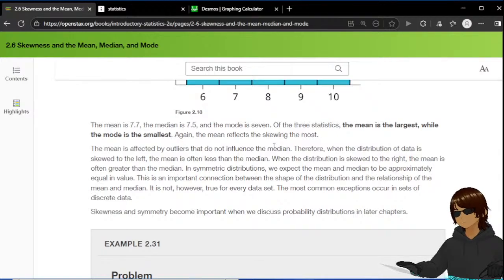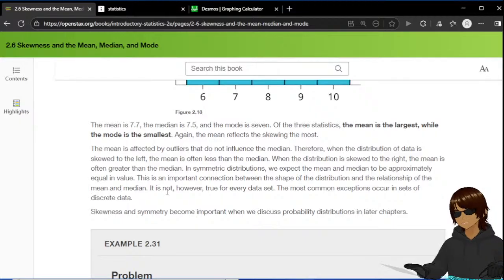The mean is affected by outliers that do not influence the median. Therefore, when the distribution of data is skewed to the left, the mean is often less than the median. When the distribution is skewed to the right, the mean is often greater than the median. In symmetric distributions, we expect the mean and median to be approximately equal in value. This is an important connection between the shape of the distribution and the relationship of the mean and median.